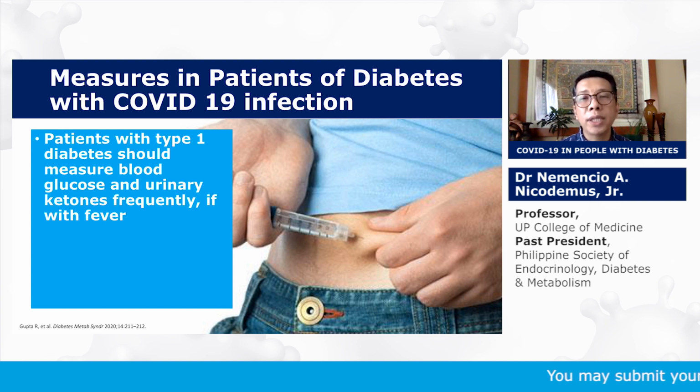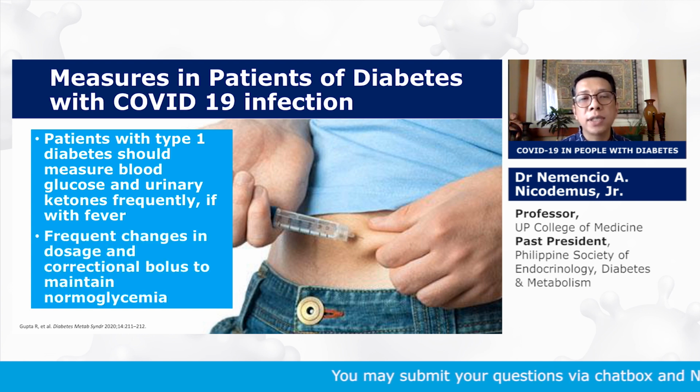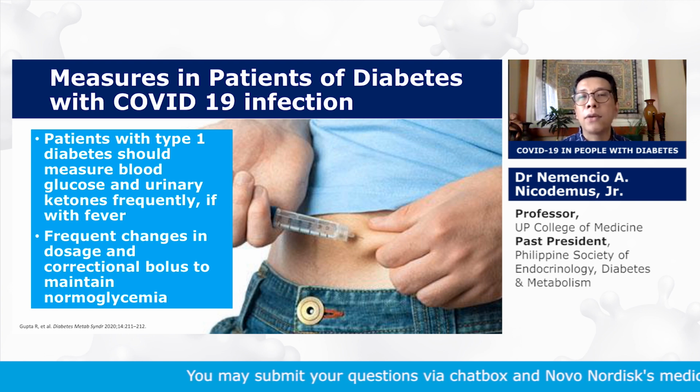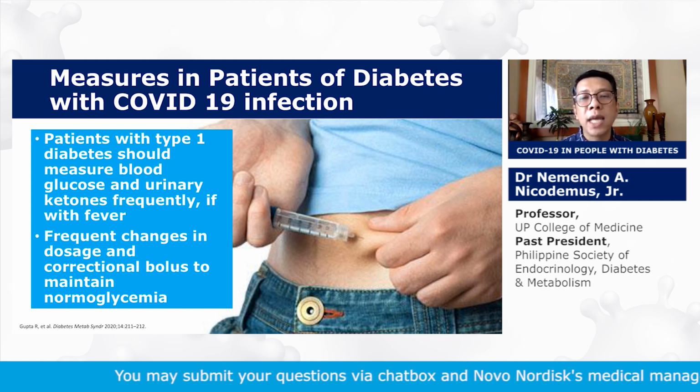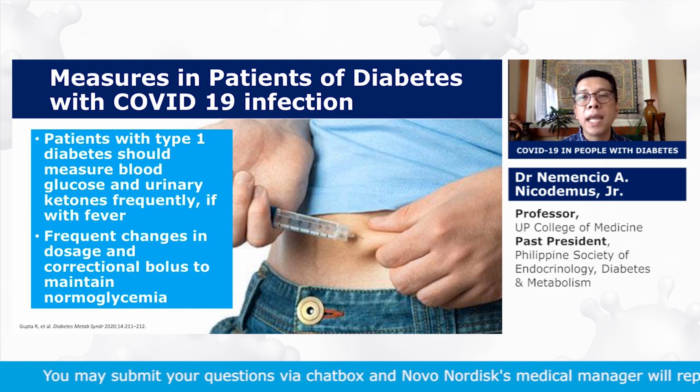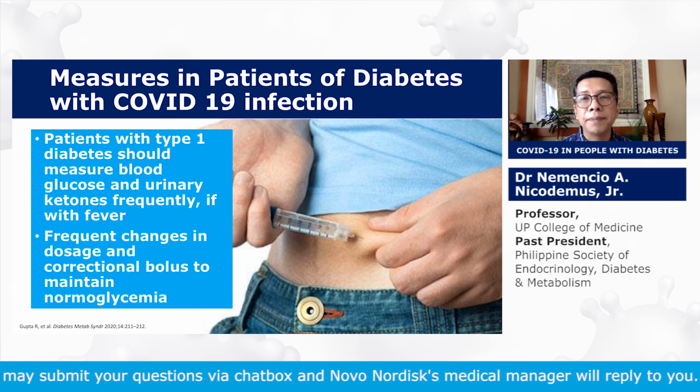And since infection is present, there should be frequent changes in the dosages of medication, particularly insulin, and the correctional insulin doses must be adjusted to maintain normal glycemia.